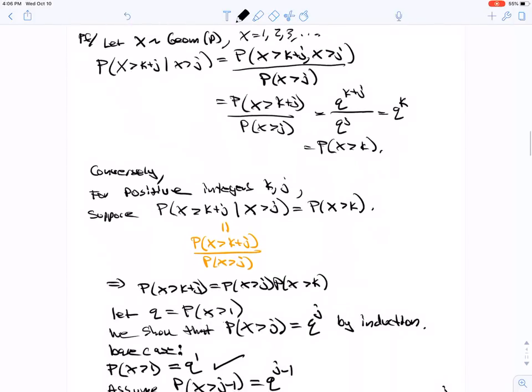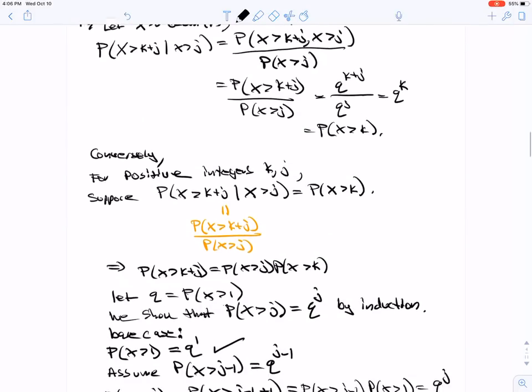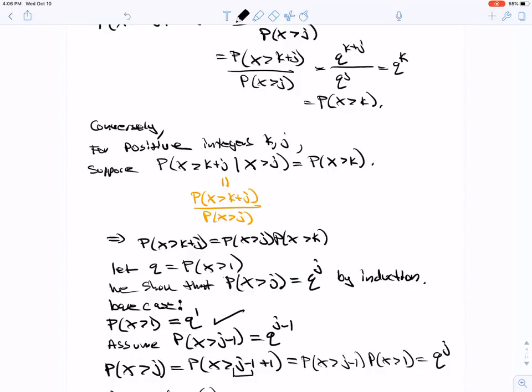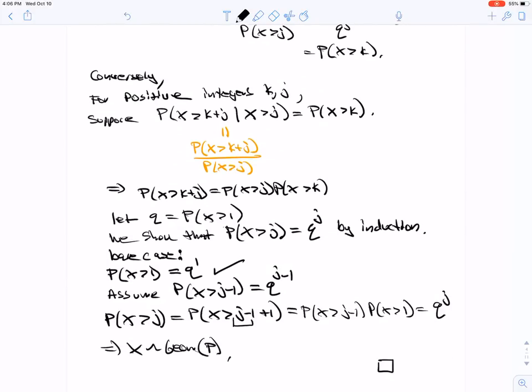Now conversely, for positive integers k and j, if I have the memoryless property, I can write the left-hand side using Bayes as the probability that X is greater than k plus j over the probability that X is greater than j. Cross multiply to get the probability that X is greater than k plus j equal to a product of probabilities, the probability of X greater than j times the probability that X is greater than k.